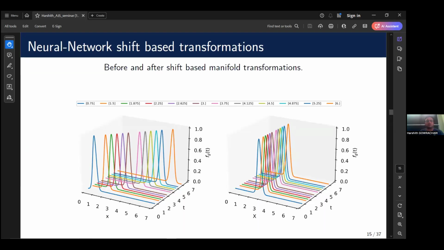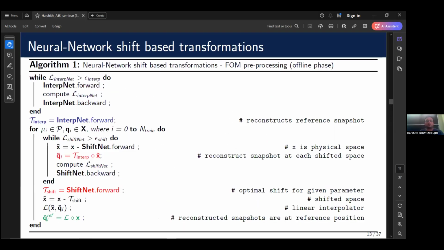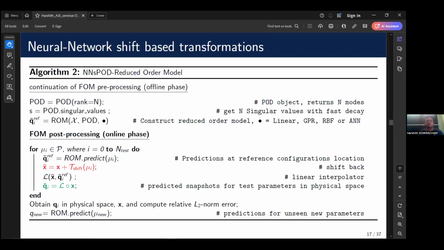Like before you did x minus shift, here you are just adding the shift. Then you do the linear interpolation with the shifted space and the predicted snapshot values, and you reconstruct in the physical space by passing the physical location, which is x. This is just an interplay between shifted space and getting back to physical space.